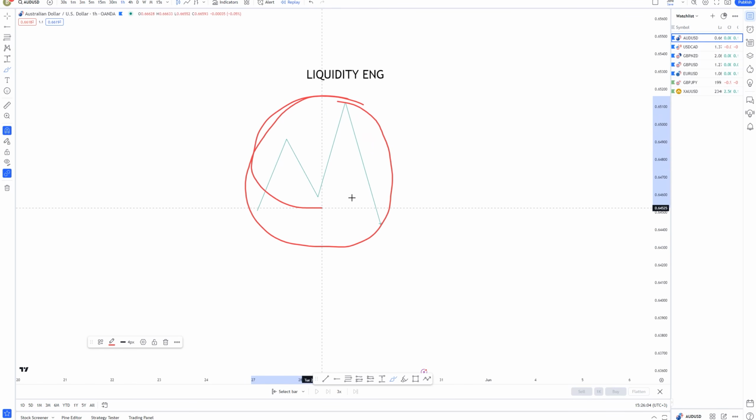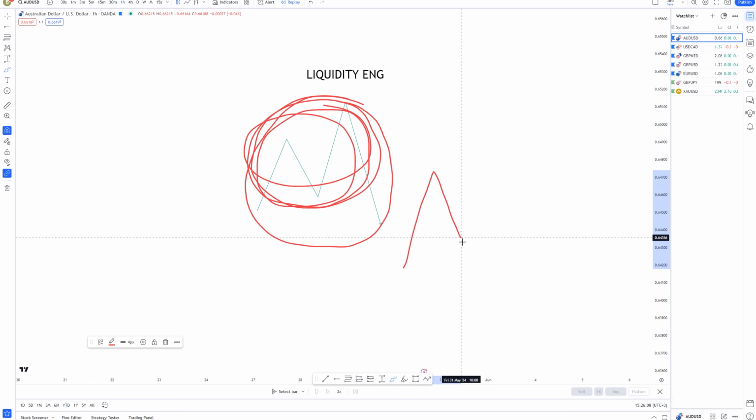After this liquidity engineering happens, many orders have been taken here, because some traders were trying to sell at this high, and because they were looking for a sell here, maybe they put their stop loss at this point. So what the market makers, or the market, did is create the highest point, a movement that takes these people who wanted to sell at this point, and also takes their stop losses.